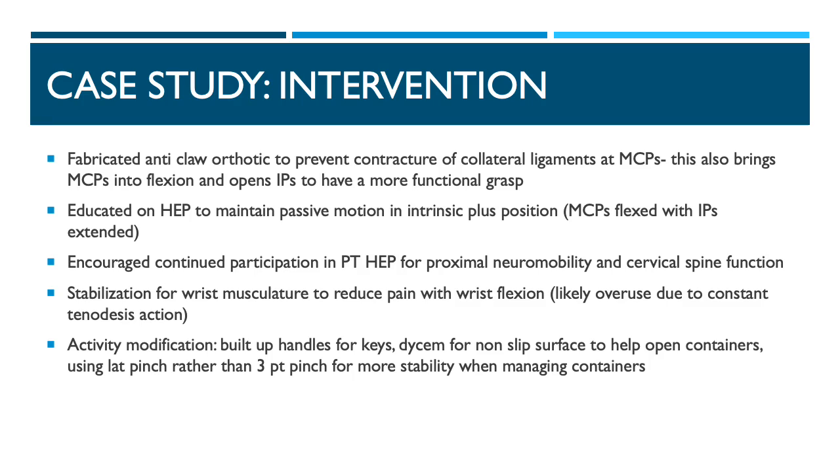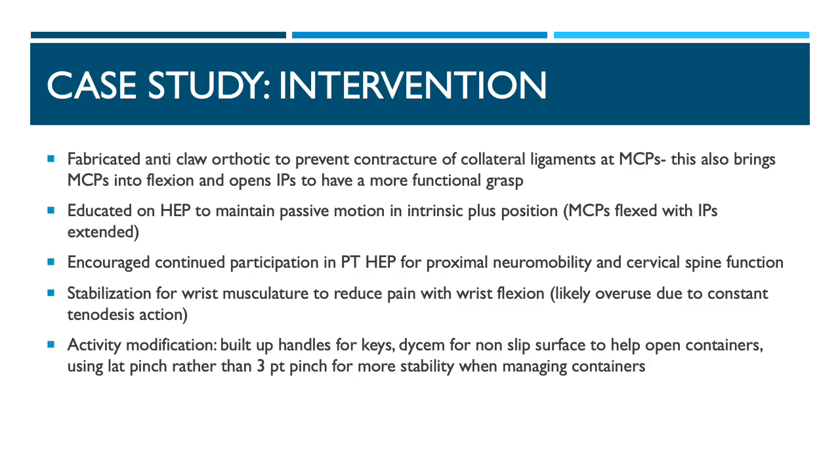Something else that we did not focus on is strengthening of the long flexors and extensors. If we have him working on grip strength over and over, that would probably accentuate his clawing by making the flexors stronger. So we don't want to make those worse.